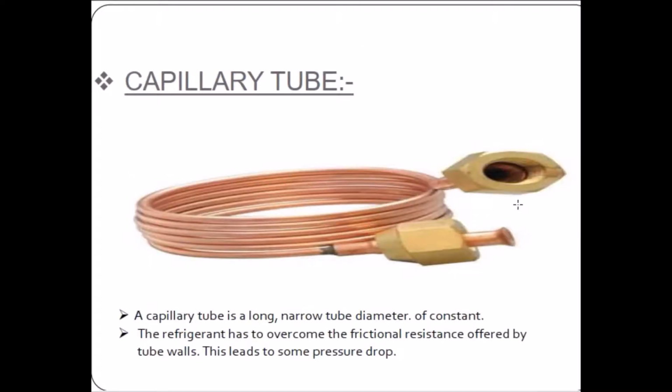Capillary tube. So what is the capillary tube? A capillary tube is a long, narrow tube of constant diameter. If we look at the diameter of the capillary tube, it is reduced. It's not similar. Okay, we observe from this tip first. Maybe the diameter is higher compared to this one.